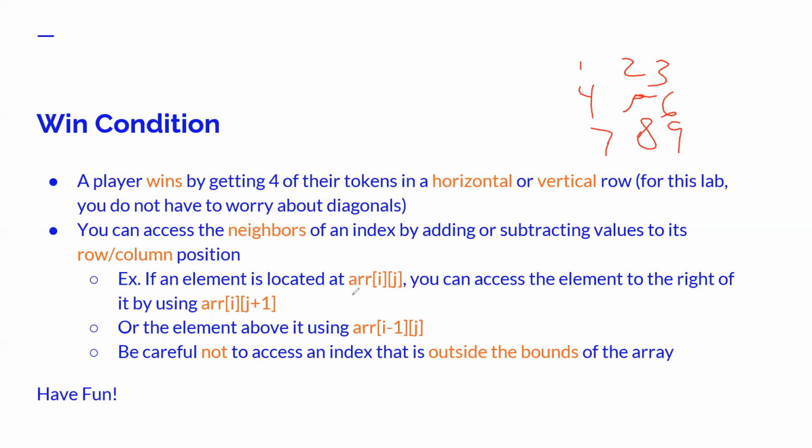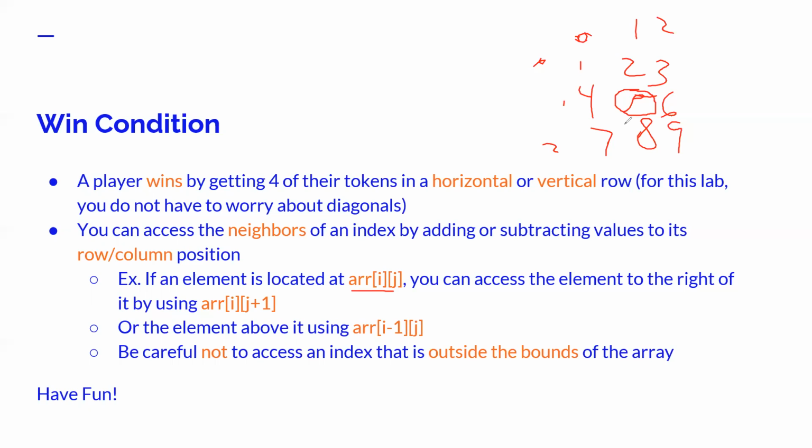If I had array ij, let's say i is 1 and j is 1, that would be this position right here. This is row 0, that's row 1, that's row 2, and column 0, column 1, column 2. So if I want to know what's right above it, I just have to subtract 1 from the row number.